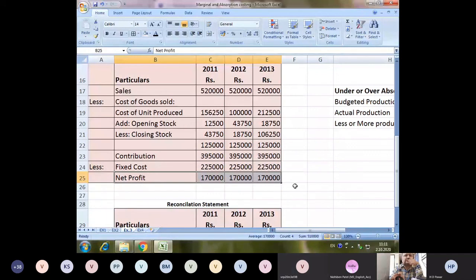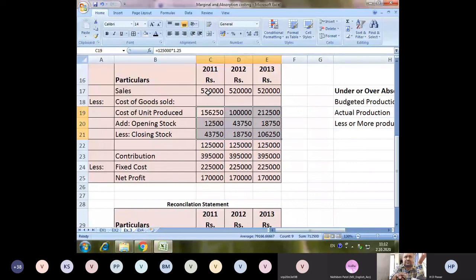Yes. Okay. So you know that in marginal costing, contribution minus fixed cost is equal to profit. So here, this is your manufacturing production marginal cost. Production marginal cost is this 125, 125, 125. Now this 520 minus 125 is equal to 395.